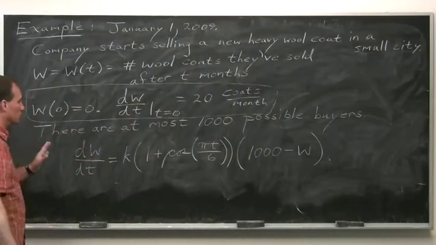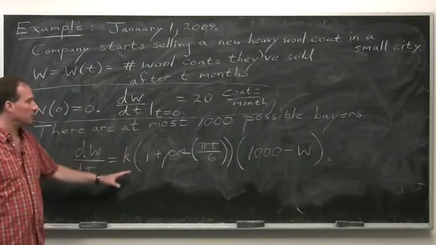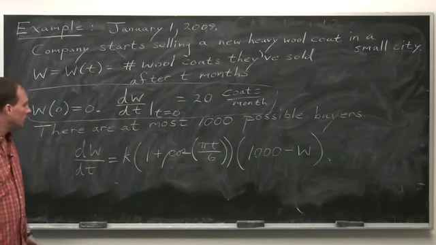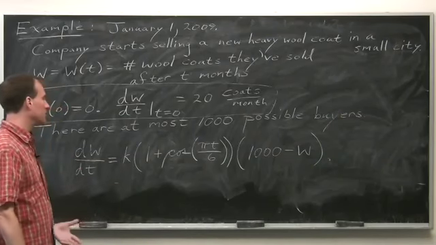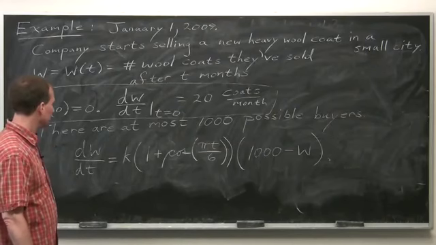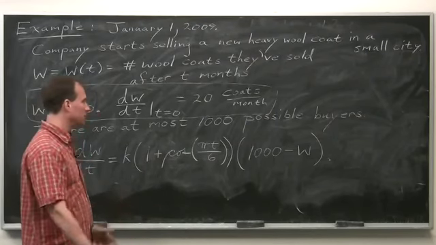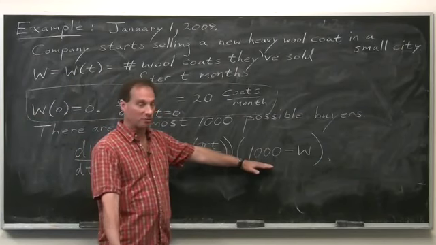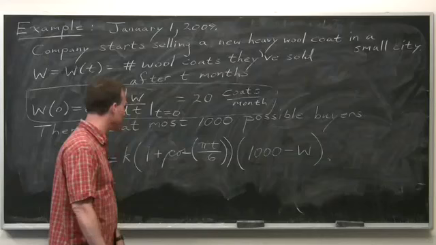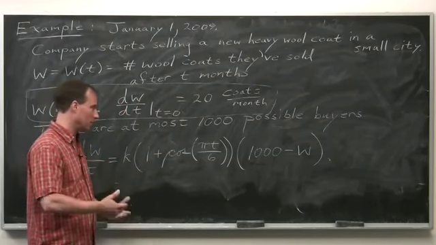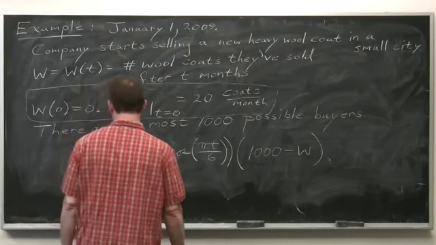This is good because we'll get some constant that we don't know when we solve the differential equation, but we also have this proportionality constant, which we don't know. So the rate of change of coat sales is proportional to the product of 2 things: the number of possible buyers that still haven't bought one, that's the 1,000 minus W, and this seasonal factor that's there because there's more demand when it's colder out.